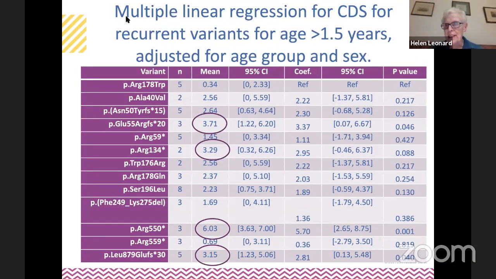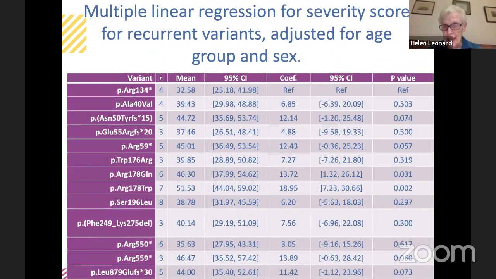And most of these results are statistically significant. Then that was for the CDS, the development. If we look at severity, we find that these are the more severe mutations with severity.